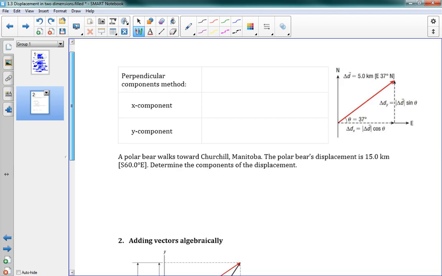It works with any number of vectors, it's very straightforward, and it always gives perfect answers. So, perpendicular components, the idea here is that we break each vector into perpendicular components. And we'll say into 2 perpendicular components.